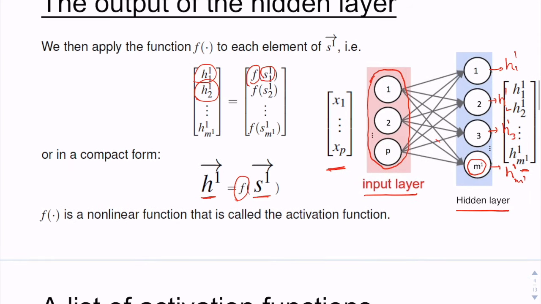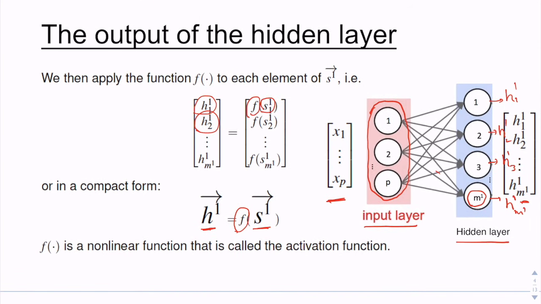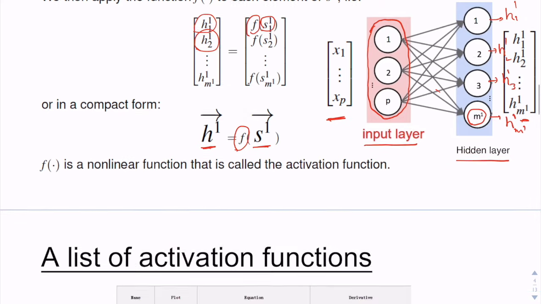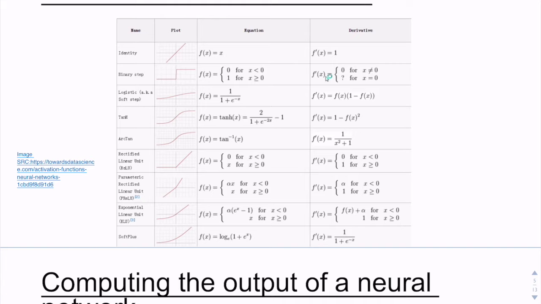So the question here is, what is the activation function? There are a number of different activation functions that have been proposed since 1983. These are nonlinear activation functions. The first one is the identity, which we never use, but it is included to be complete. Then we have the binary step, logistic, tangent, arctangent, rectified linear unit, and other types of activation functions.